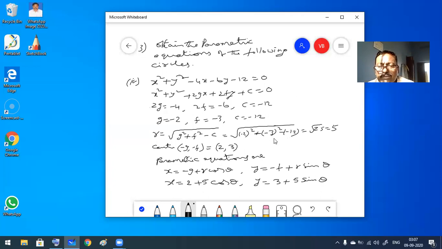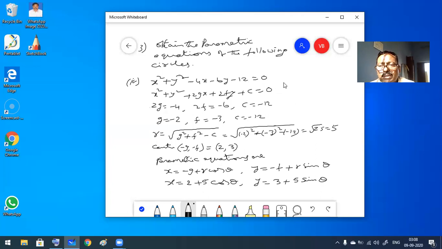In this class, we discussed two types of problems. That is, when the two endpoints of a diameter are given, we can use the formula (x minus x1)(x minus x2) plus (y minus y1)(y minus y2) is equal to 0, and obtaining the parametric equations.